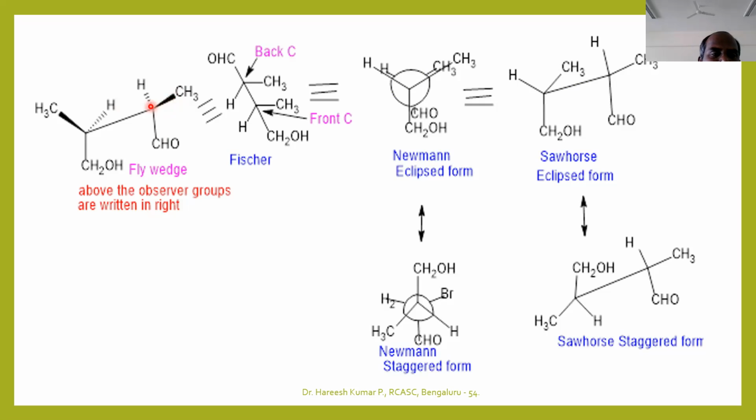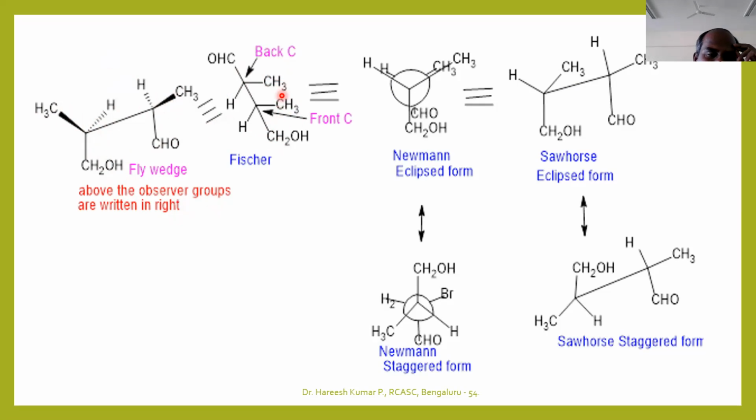In such cases, what you need to write? You need to write that the groups towards the observer are written on the right. That means the towards-the-observer groups or atoms should be written on the right hand side. That is the rule for converting a fly-wedged structure to a Fischer structure.